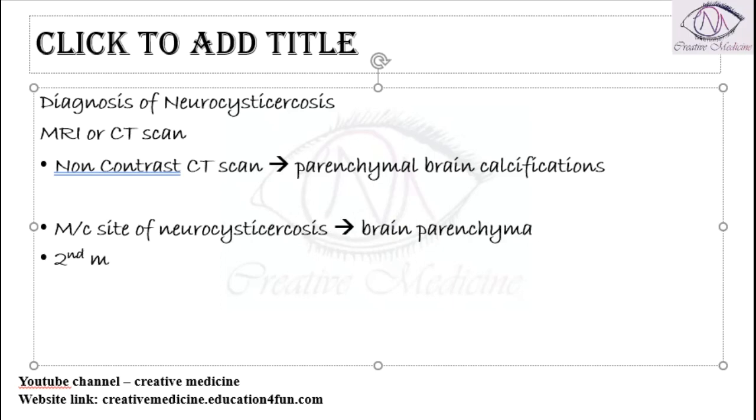Then if you were asked what is the second most common site of neurocysticercosis, the second most common site is actually the ventricular system.